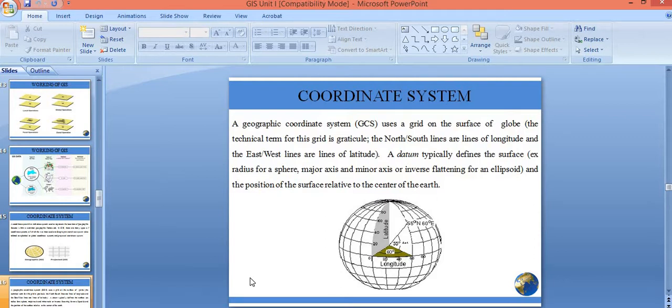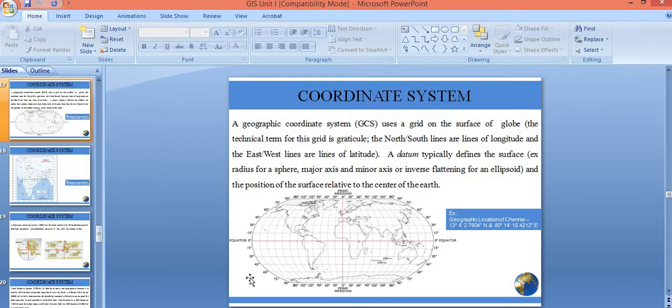The next one is you should be aware of latitude and longitude. Before latitude and longitude, you should also know about prime meridian and equator. Probably you might have studied earlier.